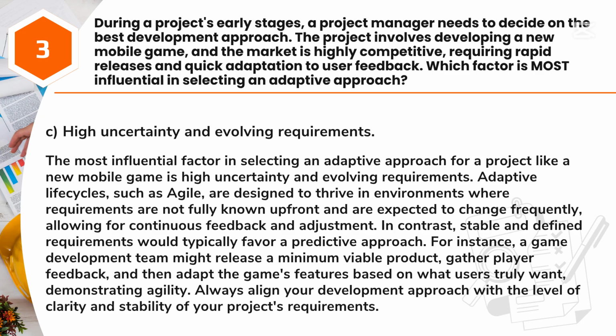In contrast, stable and defined requirements would typically favor a predictive approach. For instance, a game development team might release a minimum viable product, gather player feedback, and then adapt the game's features based on what users truly want, demonstrating agility. Always align your development approach with the level of clarity and stability of your project's requirements.